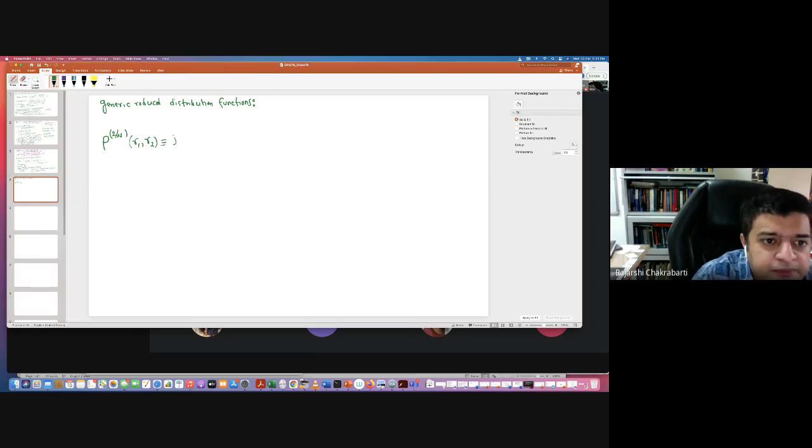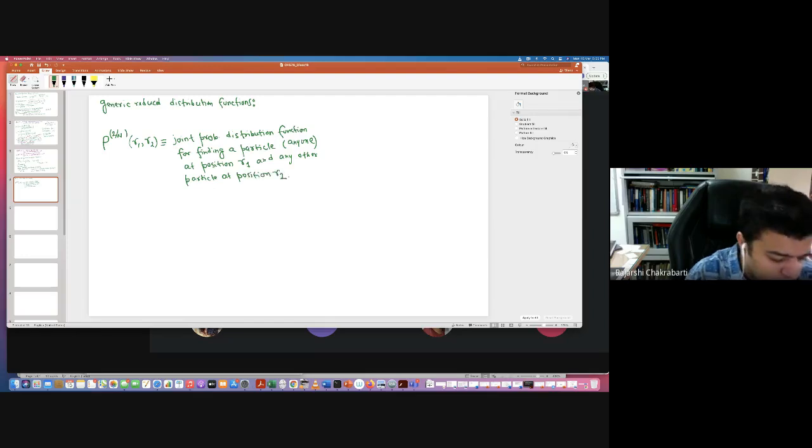So in words, it is again a joint probability distribution function for finding a particle, now this could be any particle, at R1 and any other particle at position R2.